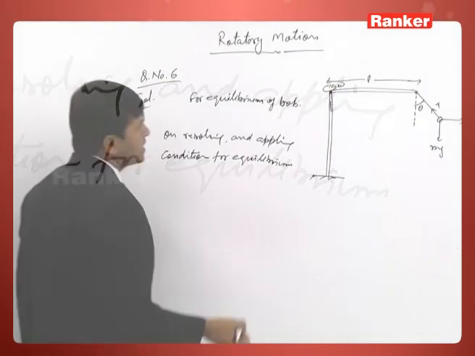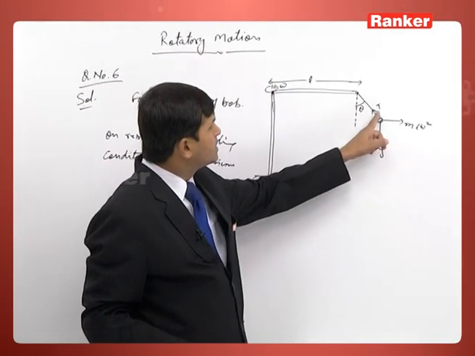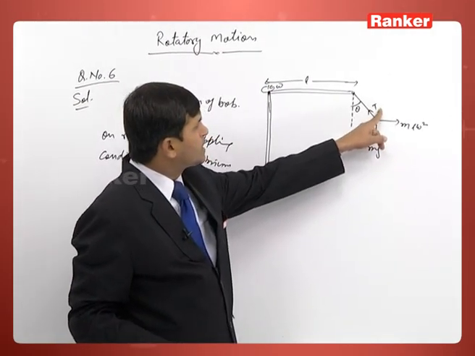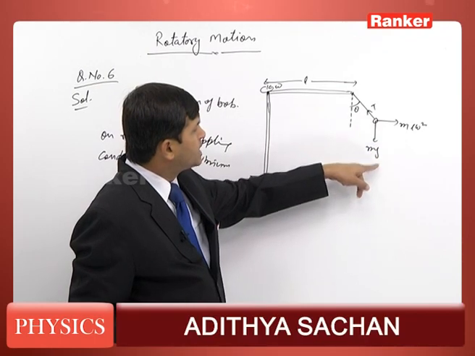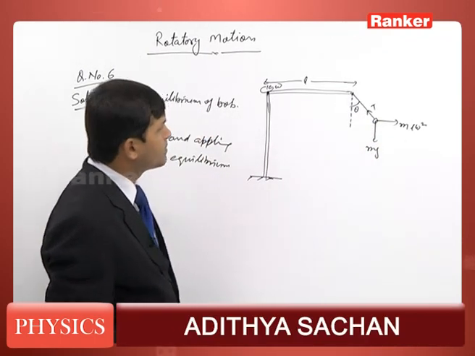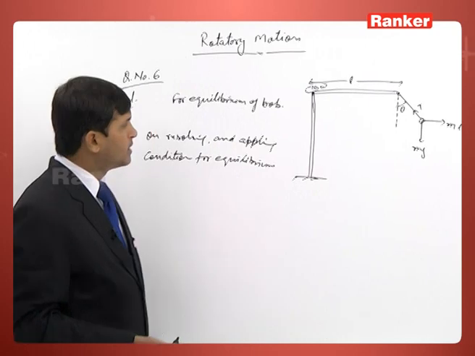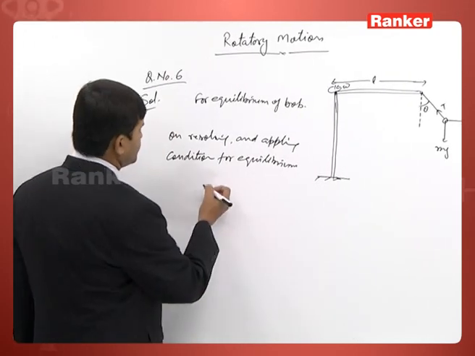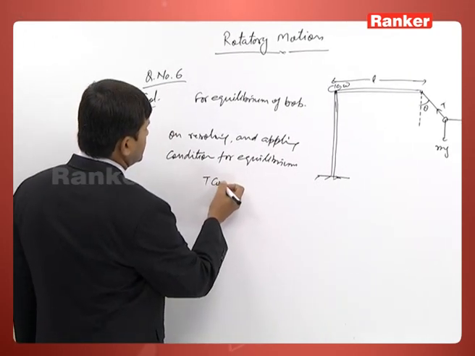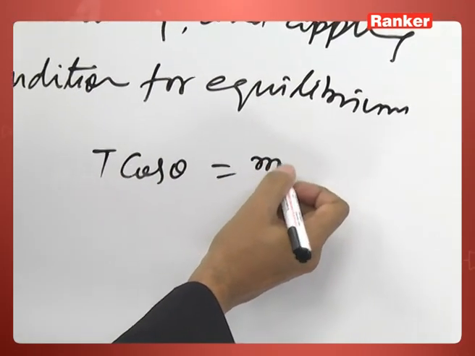see, if we are resolving, T cos theta will be your mg, T sin theta will be your m L omega square. So T cos theta is mg.